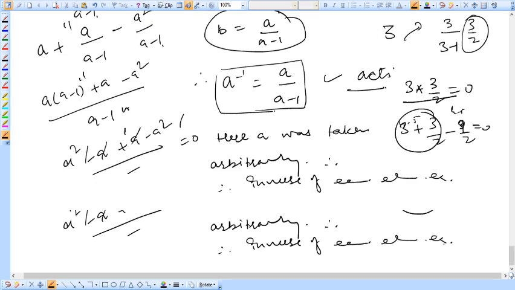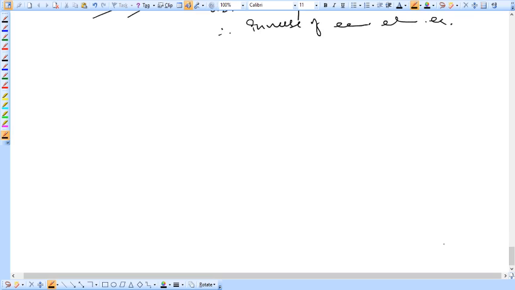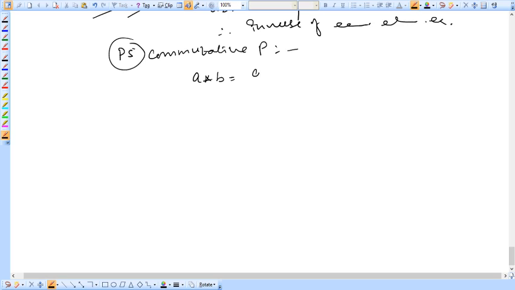Now one last property, the commutative property. So see, A star B is equal to A plus B minus BA, and B star A would be equal to B plus A minus BA.